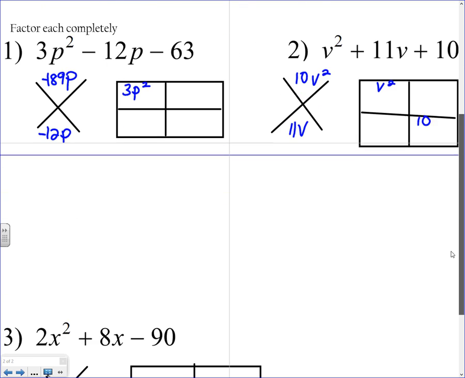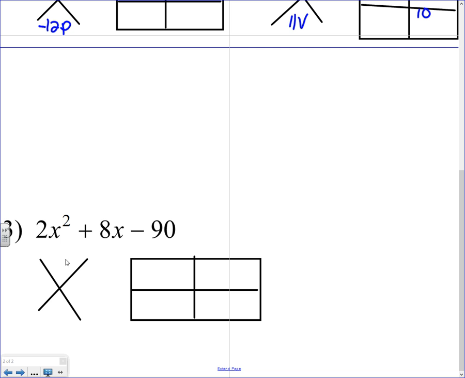Same over here. Multiply the first term times the last one. You have negative 80x squared. Second term right here, that'll be 8x. First term will be 2x squared. And then third term will be negative 90.